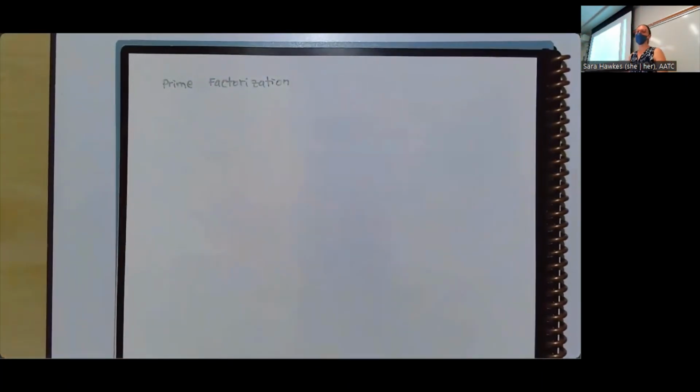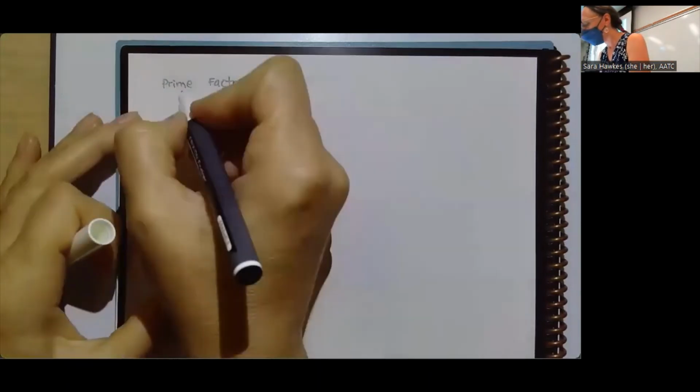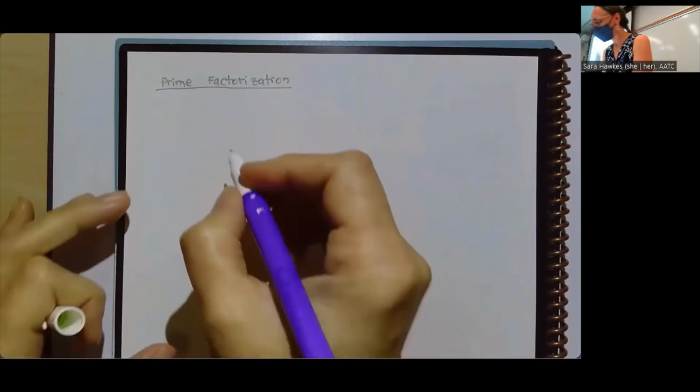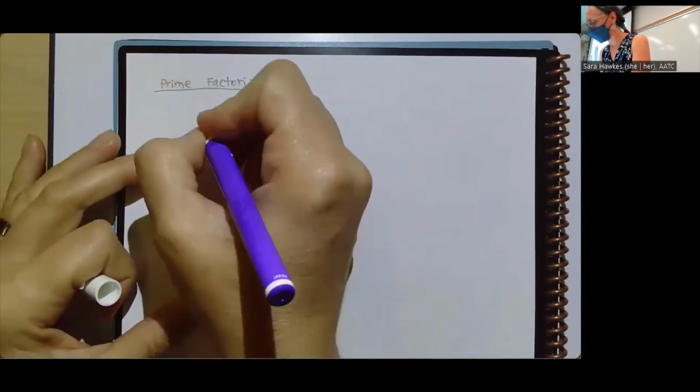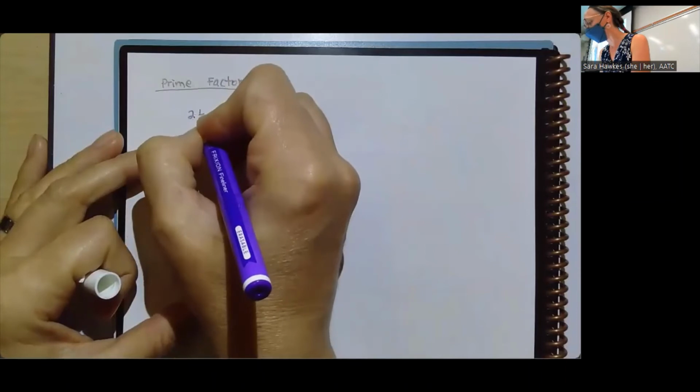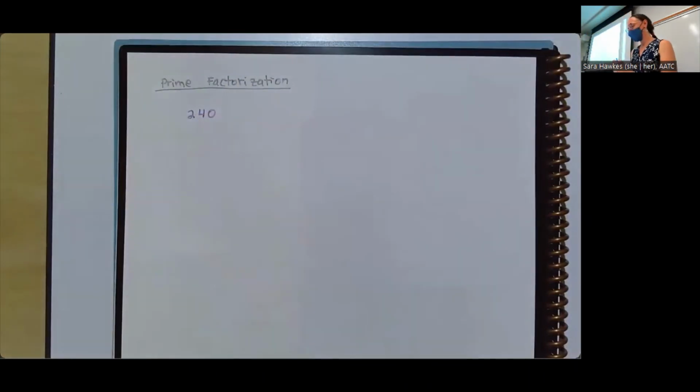I'm sure you've seen prime factorization before, even if someone didn't call it that. Here's what I mean by prime factorization. I'm going to pick a big number. The first one's not going to be too terrible. My number is going to be 240.